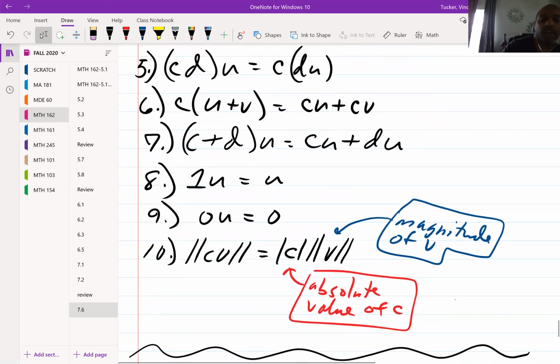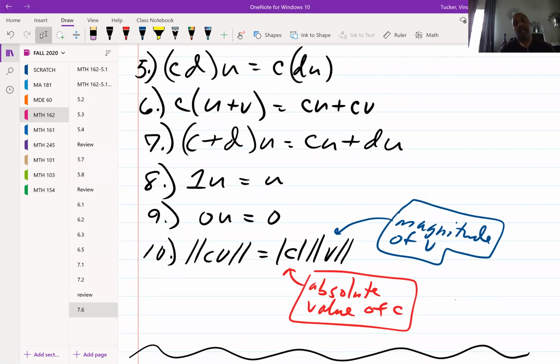And then if I have c times v, and I have the magnitude of c times v, I can pull out c and do the absolute value of c and just do the magnitude of v individually, and multiply by that absolute value of c.